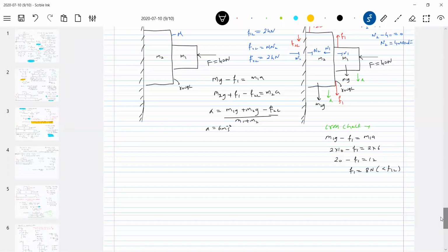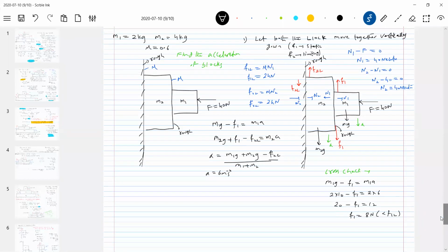So is my assumption right or wrong? I'm showing the complete problem, just make the observation. I got F1 less than F1L. So therefore, the assumption is correct. Getting the idea, all of you? The same block upon a block concept is what we are applying here. Nothing big. The assumption is correct.